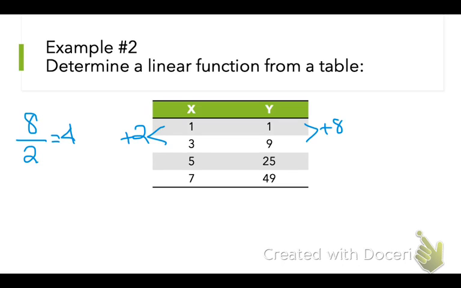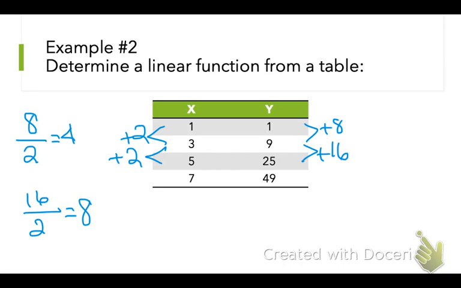Let's see if that's the same slope as my other ones. For my next 2 points, for my y, I'm going from 9 to 25. I'm adding 16 there. And then from 3 to 5, I'm adding 2. So my ratio is the change in y's, which is 16, over my change in x's, which is 2. 16 divided by 2 gives me 8.